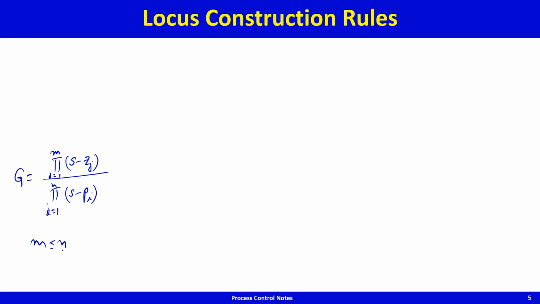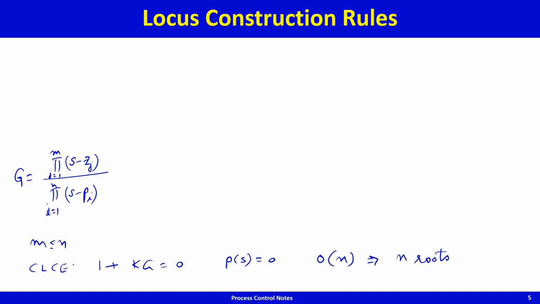So if you look at the closed loop characteristic equation, which is 1 plus kg equal to 0, it will be a polynomial in s, and that polynomial is of order n. Because it is of order n, there are n roots of the closed loop characteristic equation.